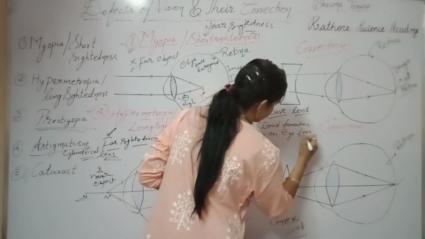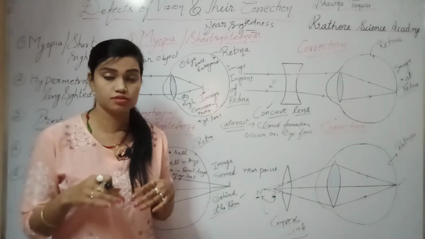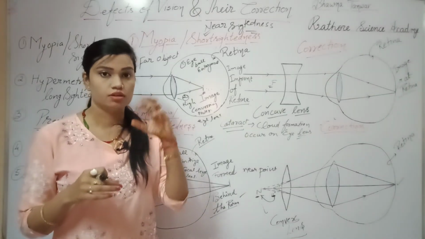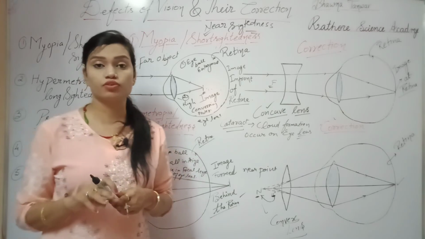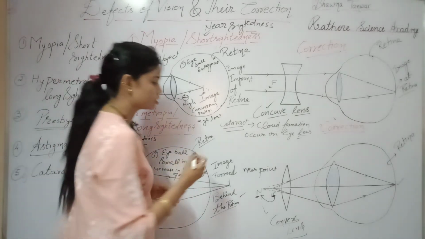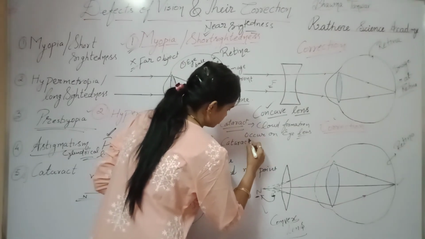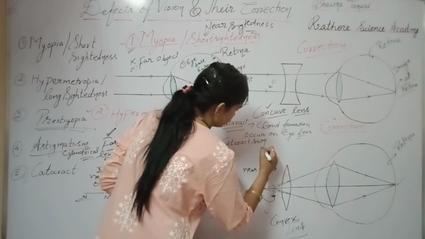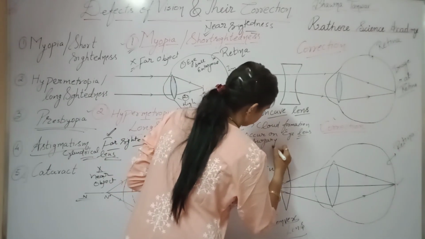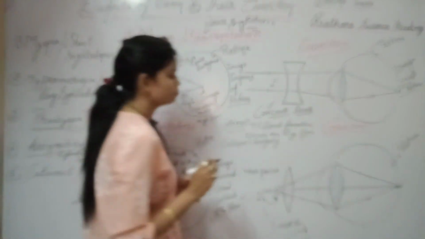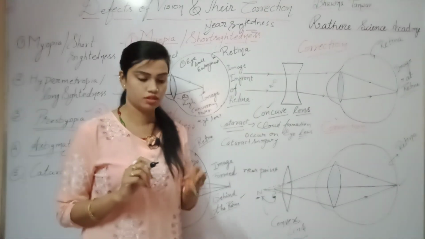So in this case, when the cloud formation occurs on the eye lens, it is removed by surgery, right? So as a correction for that, a cataract surgery is performed by the doctor. Okay, cataract surgery is performed by the doctor.